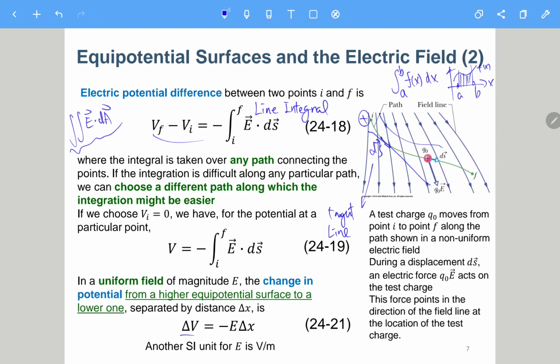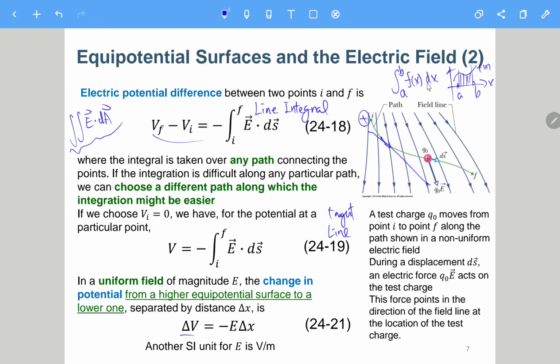For example, the direction should be from top left to bottom right, so ds should point to the bottom right rather than the top left. So this is a line integral along this line rather than the x-axis.